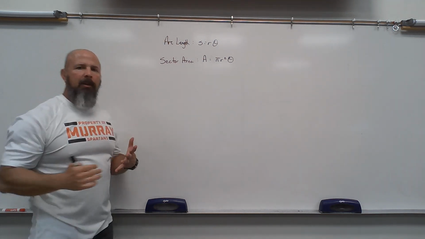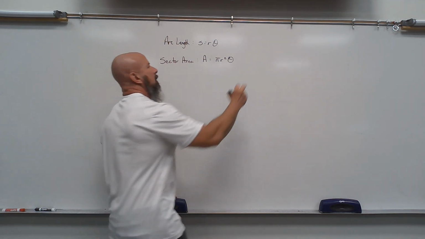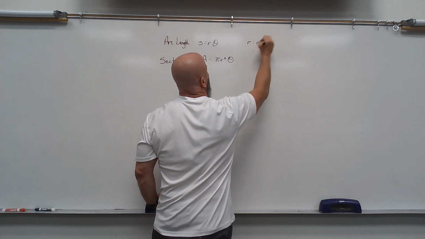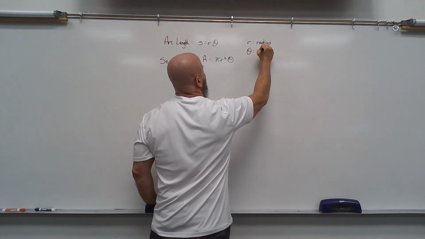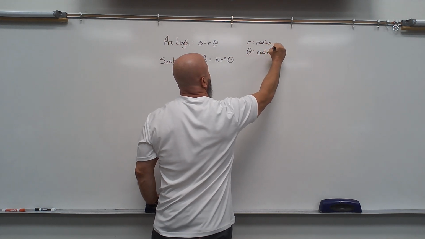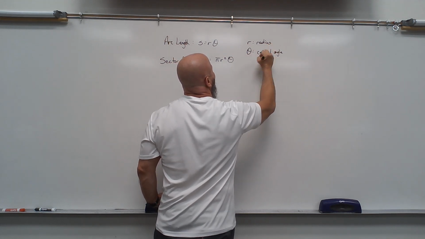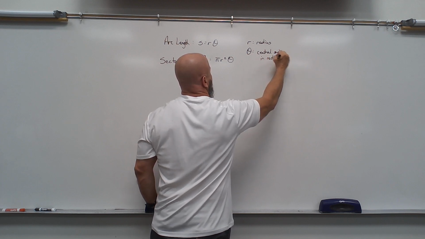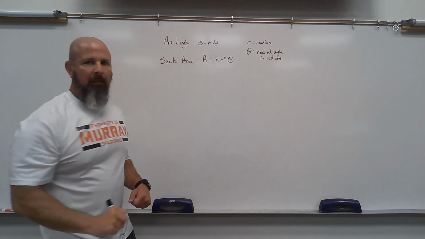Okay? In both of these cases, r is my radius, theta is my central angle in radians. So it's my radian measure of the angle.